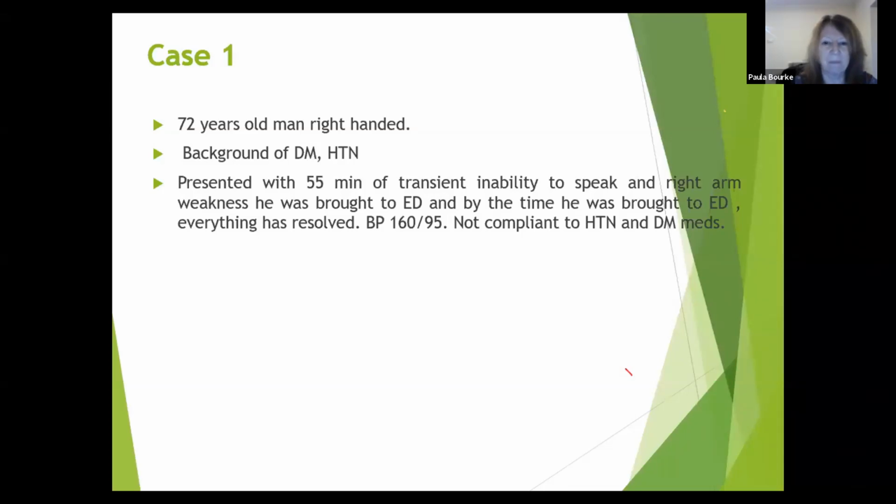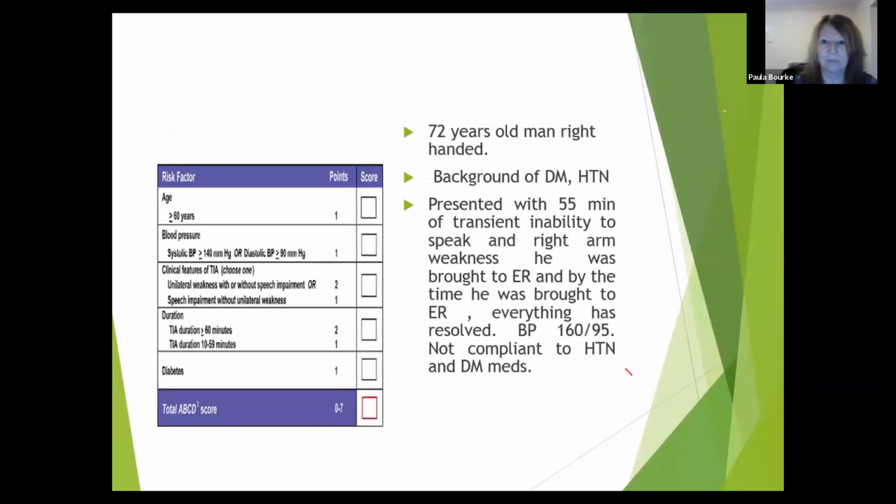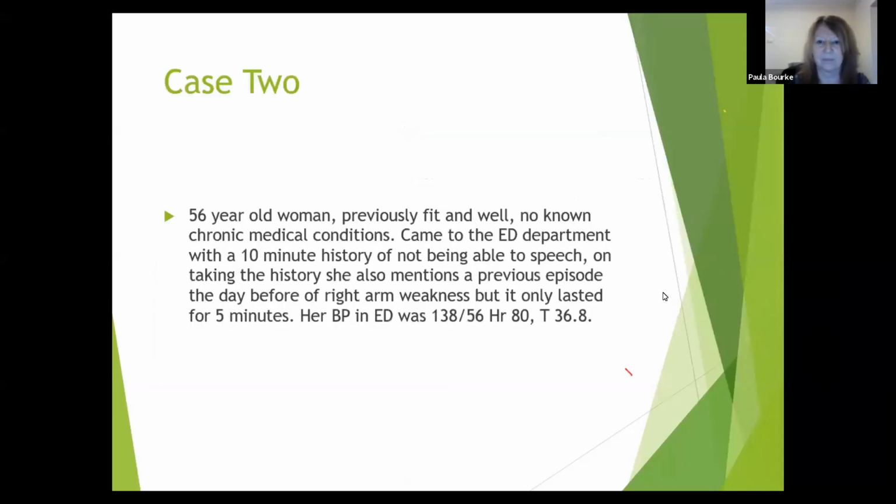Next one. A 56-year-old lady, previously fit and well, no known chronic medical conditions, came into ED with a 10-minute history of not being able to speak.